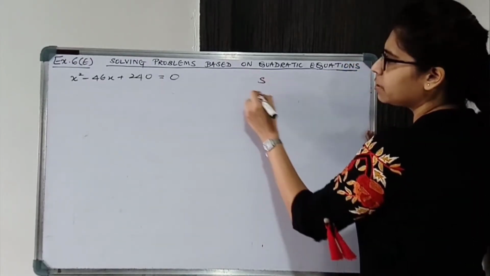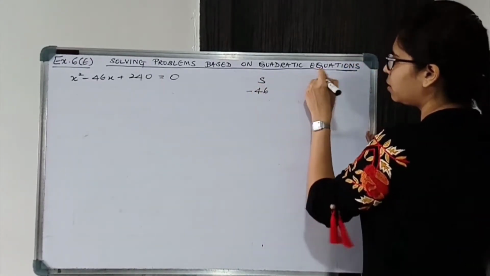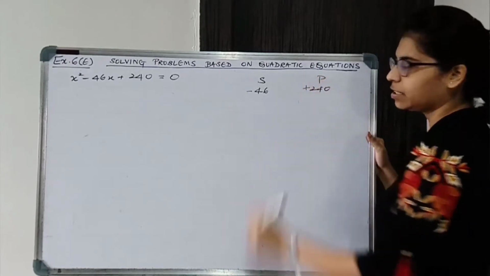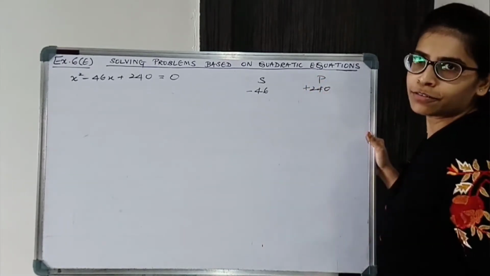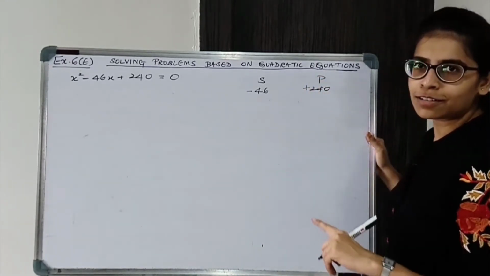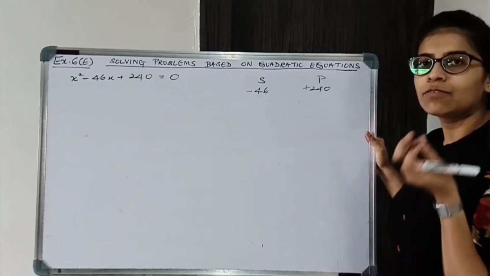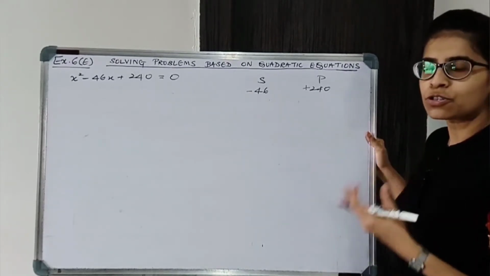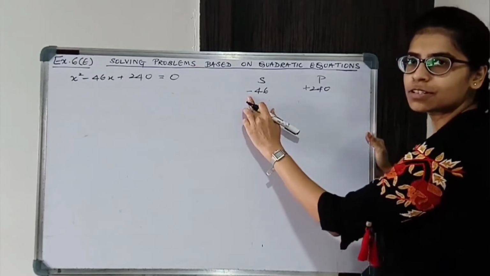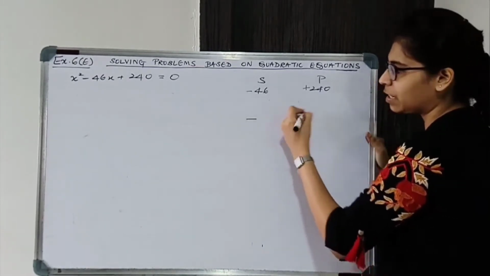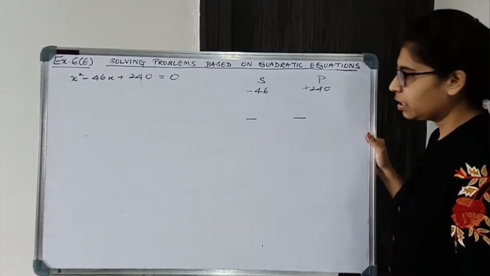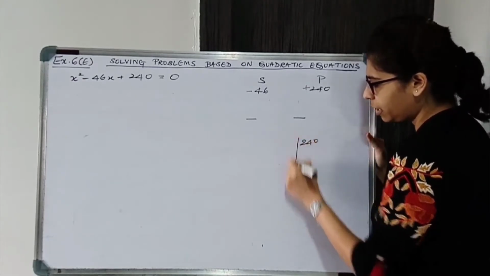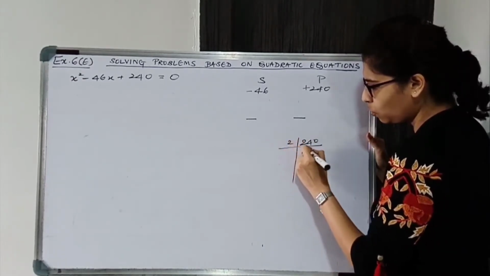So sum is minus 46, product is plus 240. Product is positive, so it means both the factors have to be added. And what will be the sign of both the factors, positive or negative? Sum is negative, so both the factors will have negative sign. Now let's factorize 240. 2 120s are.